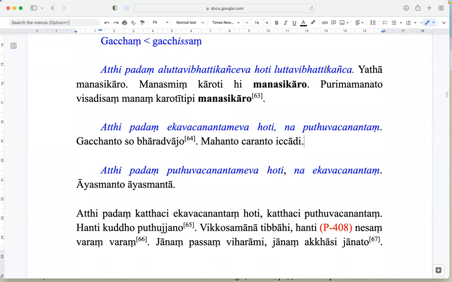Ati badam ekavajananameva hodi nabutu vajana. Very, very common. But exactly we can understand Ati, Kechando, Mahando, Charando, ekavajananameva hodi. Also we can understand it in the plural. So we can understand. So Sayadaw, after the hodi there should be no comma, no?